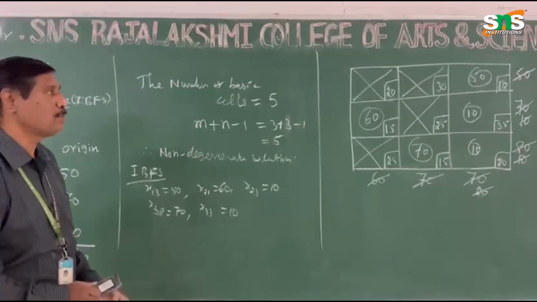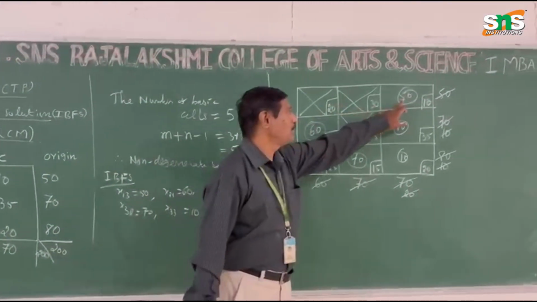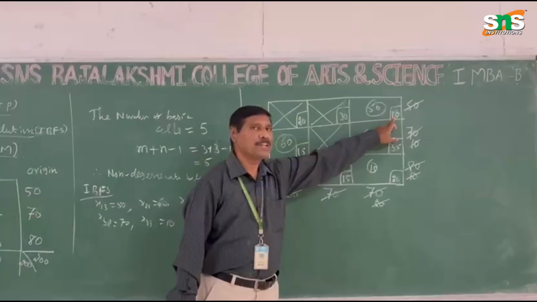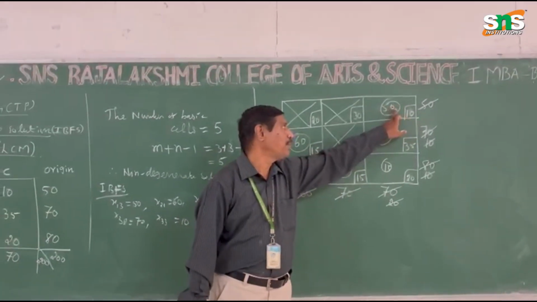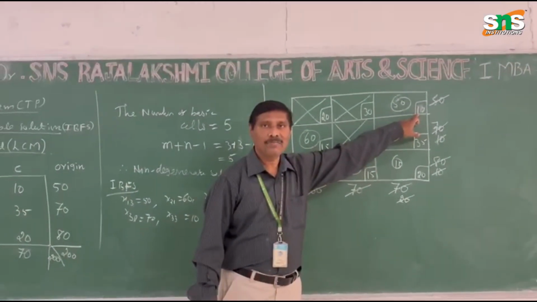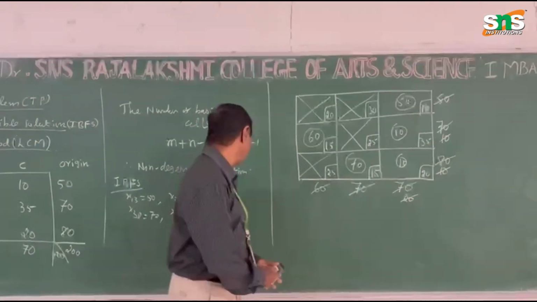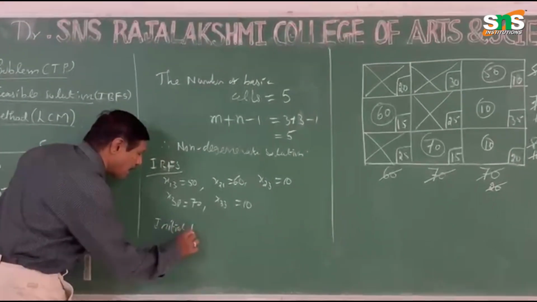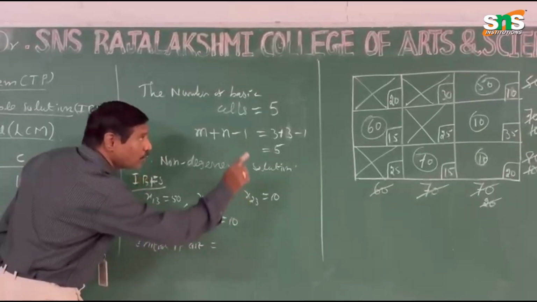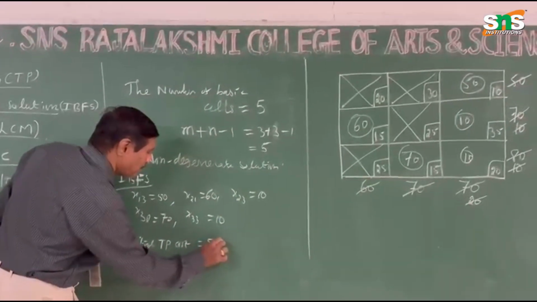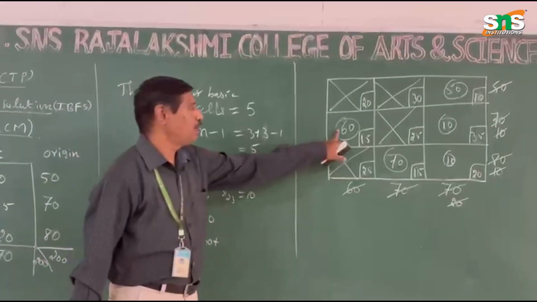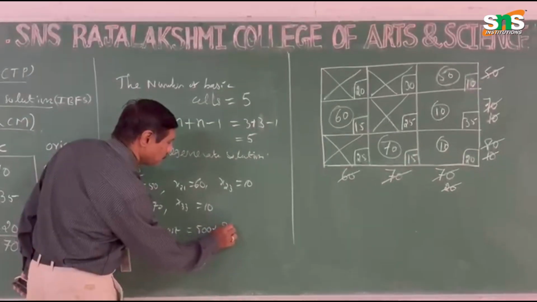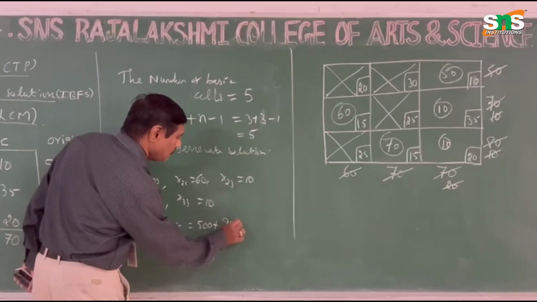And what is the initial transportation cost? Multiply each cell by its unit cost. What is the meaning? There are 50 products transferred and the cost of each product is 10 rupees. So totally 50 into 10 is 500 rupees we will pay. So the initial transportation cost is equal to 50 into 10, that is 500, plus 60 into 15, that is 900.